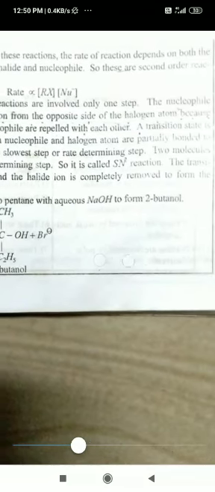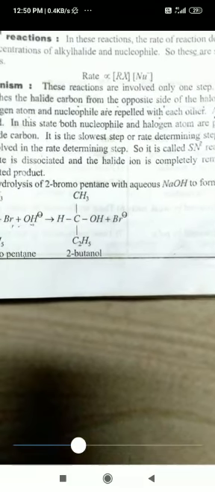So in SN2 reactions, both the attacking of the nucleophile and the leaving of the halogen group take place at the same time, or simultaneously. Both have the same meaning, not different.